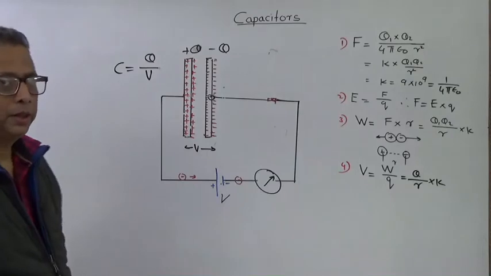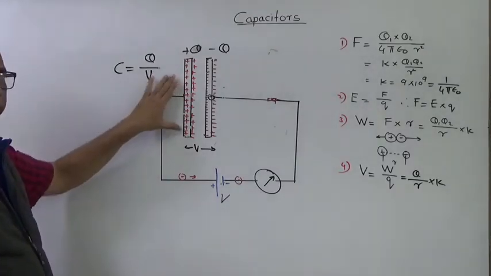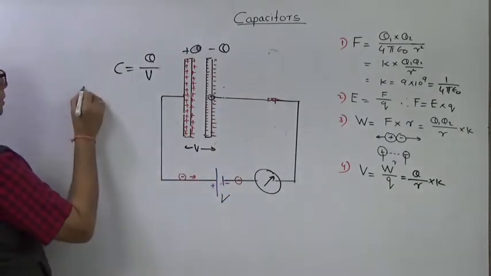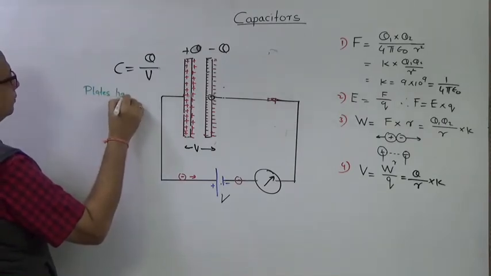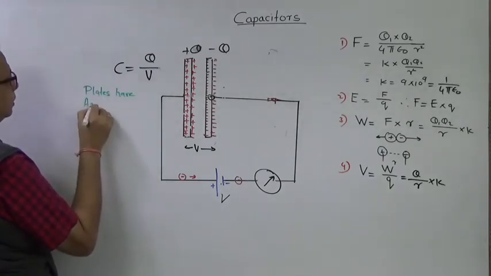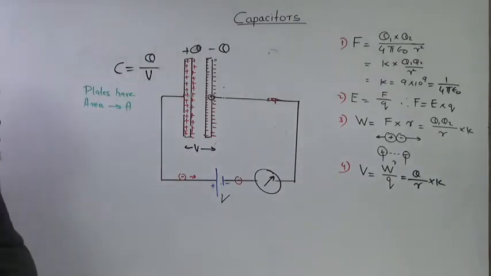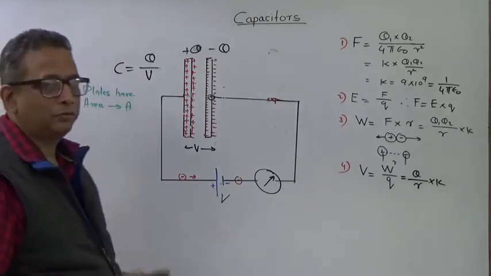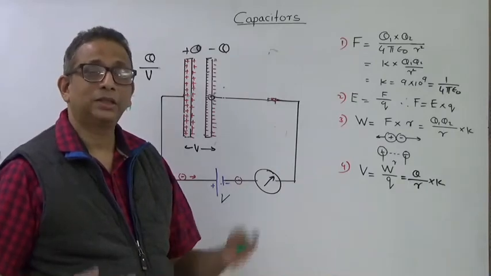So let us continue with the same diagram and try to give some parameters to this capacitor. Let each plate have an area A. So we know that if I have an increased area, the number of electrons will be more. So the capacitance has to increase if the charge will increase, no?